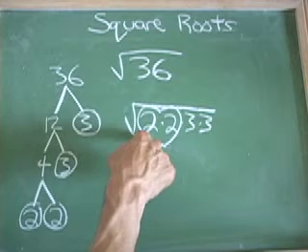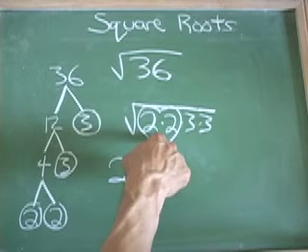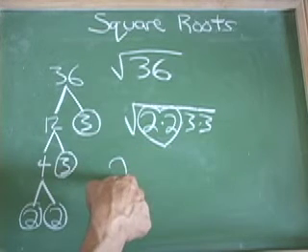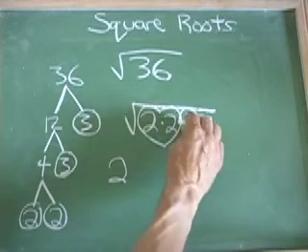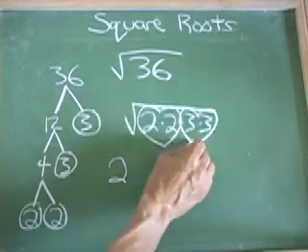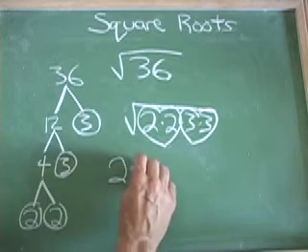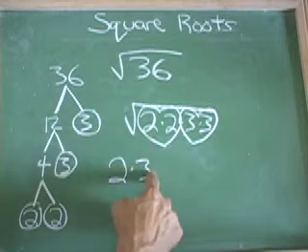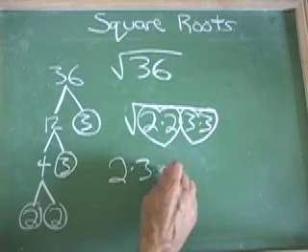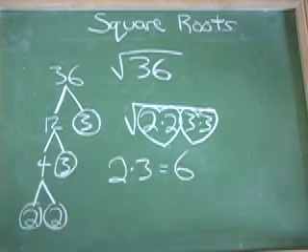When you have two numbers that are the same, that are being multiplied together in the singles bar, they become 1. So now, same thing here, we got two 3's. So they fall in love, and they come outside the singles bar. So now this square root of 36 becomes 2 times 3, which is equal to 6.